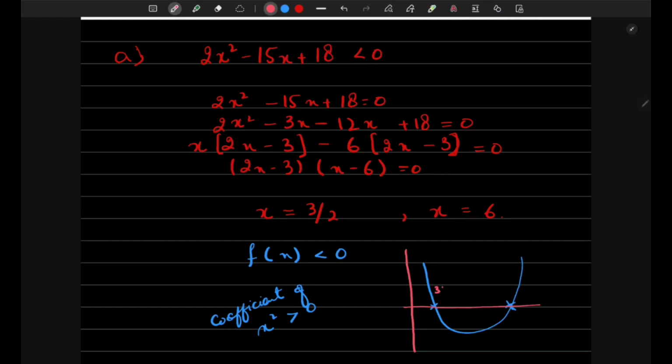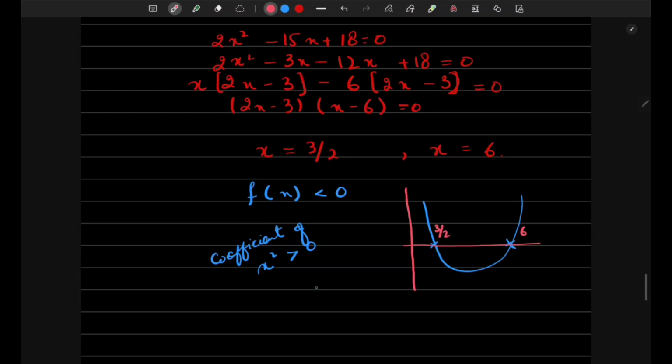Here one root is 3/2 and the other root is 6. So our answer is 3/2 < x < 6.